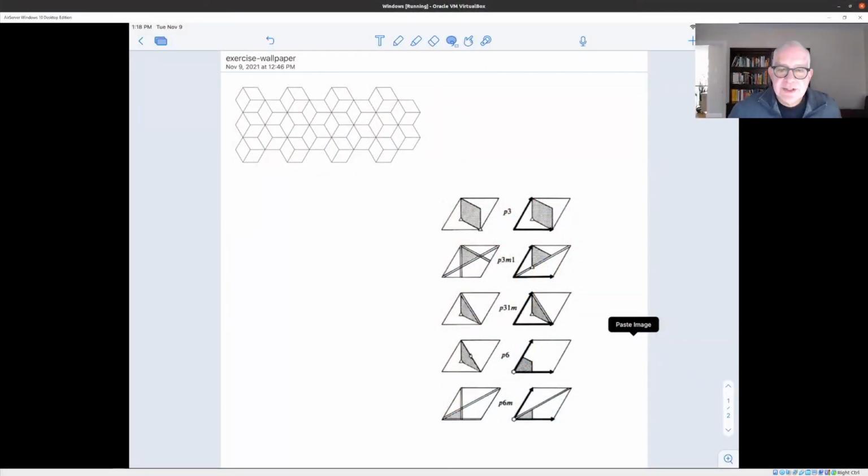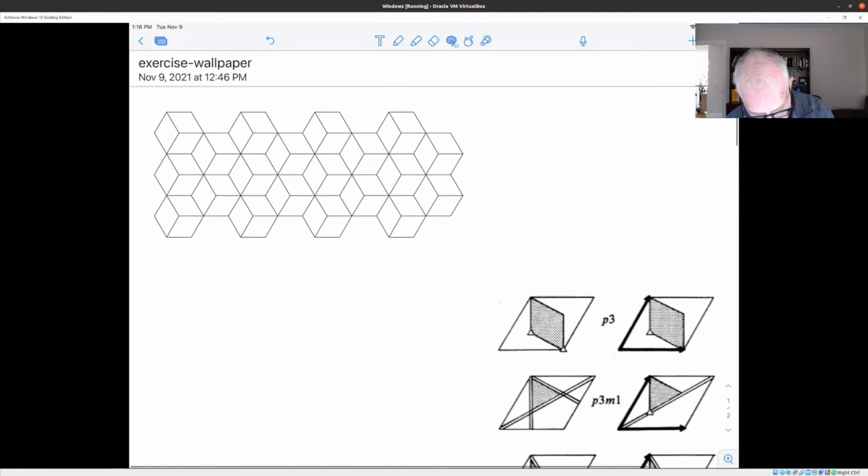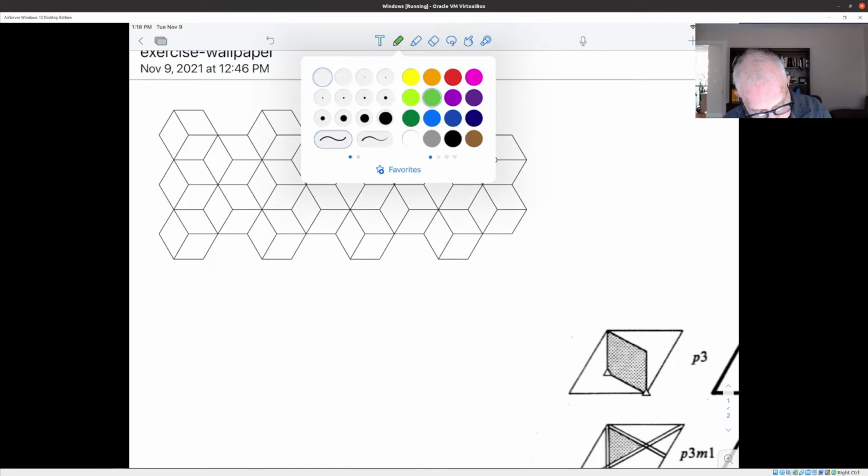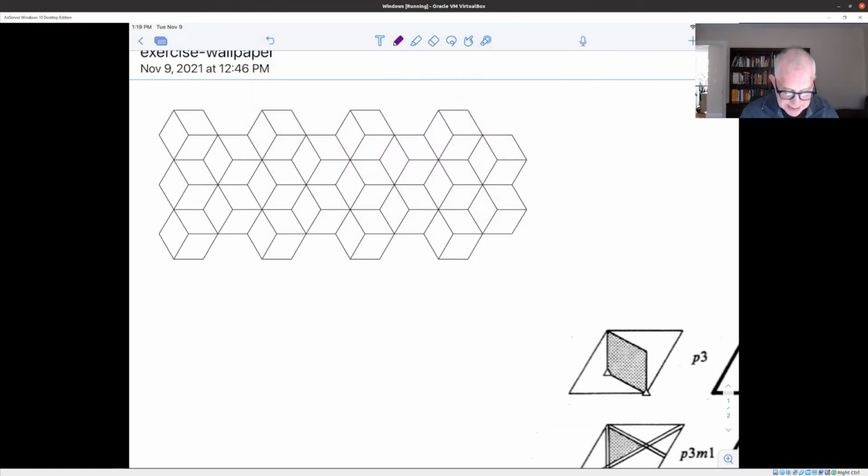So here's the relevant picture, which was taken from the text, and it's up here. And we want to try to figure out what the symmetry is here. And the first step is to find a good fundamental cell for the lattice. There's actually several possibilities for this, but the points that leap out to me are the points like this, which have 6 diamonds meeting at them.